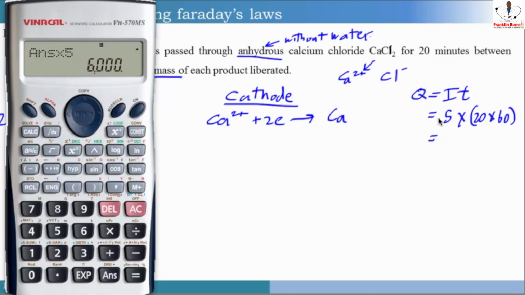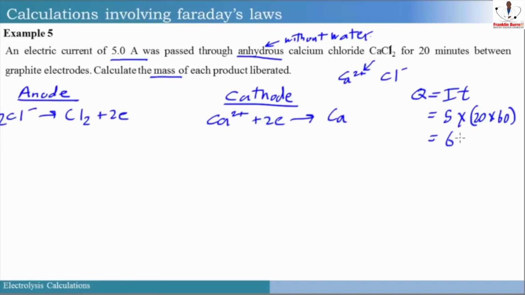And that will give us a quantity of electricity of 6,000 coulombs. So we know Q now to be 6,000. Let's go ahead now and work out the mass of chlorine deposited at the anode, then the mass of calcium deposited at the cathode.